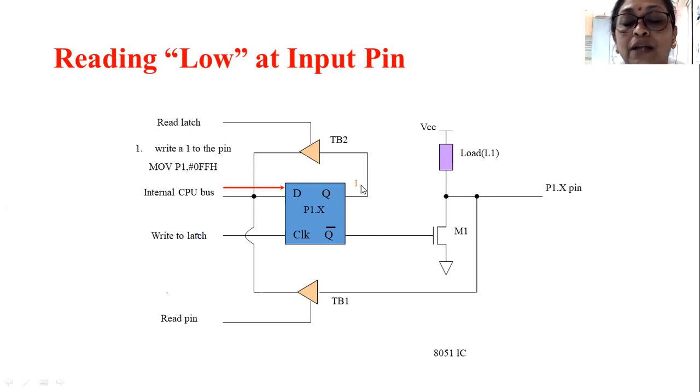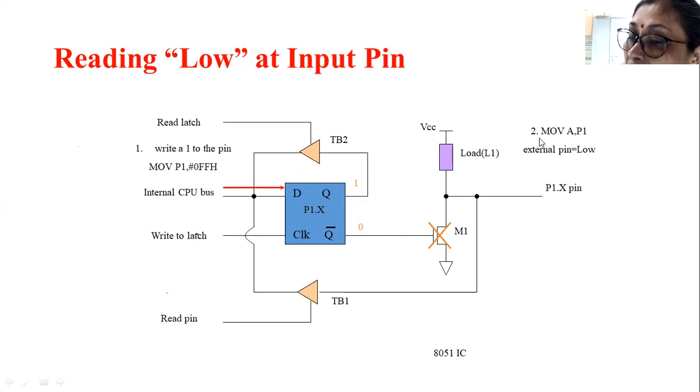Q becomes 1. When Q becomes 1, what happens? Q bar becomes 0. When Q bar becomes 0, what happens? The MOSFET M1 will be turned off. When this MOSFET M1 is turned off, what will happen? The external pin is made low with the instruction move A, P1.